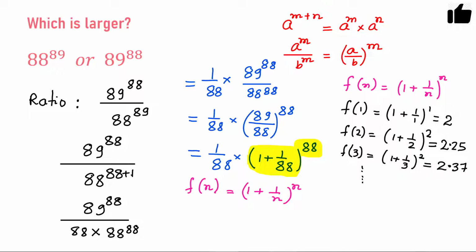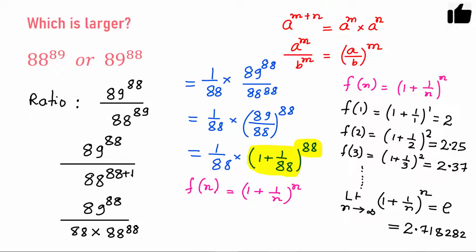So if you keep doing this, and if n tends to infinity, then you have a limiting situation. If n is a very large number, then the limiting value of this expression is equal to e. And the value of e is 2.718282. You have more digits, but this is sufficient for our purpose.